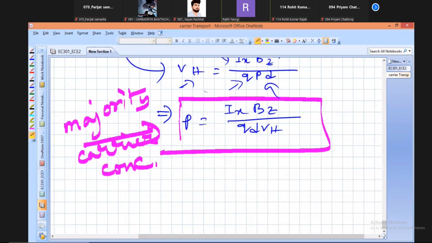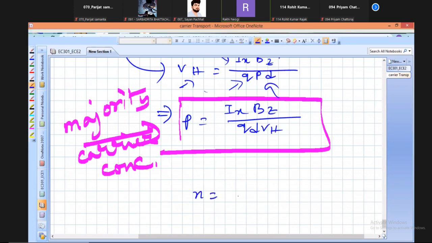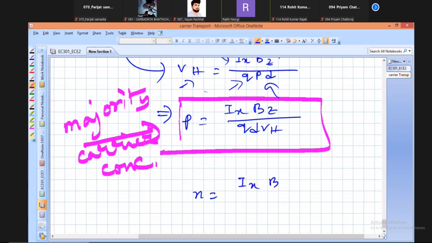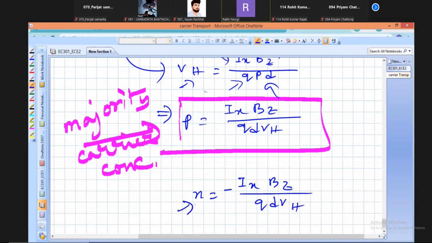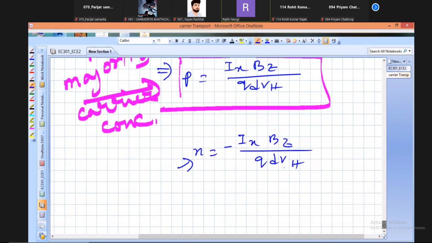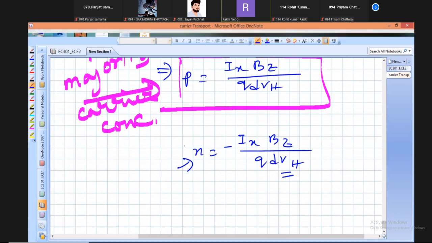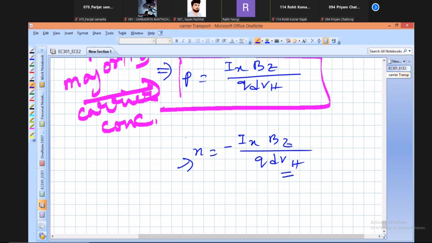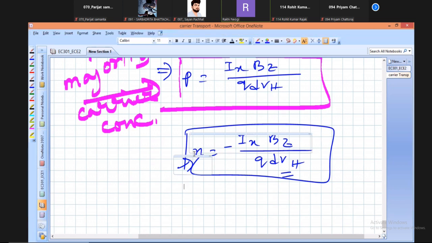So if I want to write down the electron concentration in n-type, it will be equal to Ix Vz by minus QD. See that electron concentration is not a negative quantity, because if you place VH, which is negative, minus becomes plus. Electron concentration is always a positive quantity. So by using that equation, we are able to decide what will be the majority carrier electron concentration in n-type semiconductor.